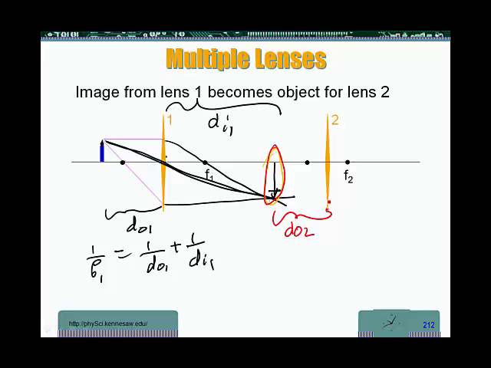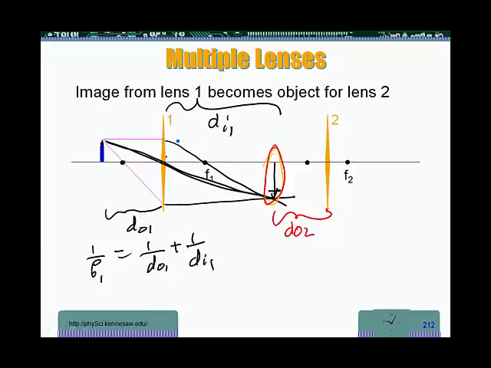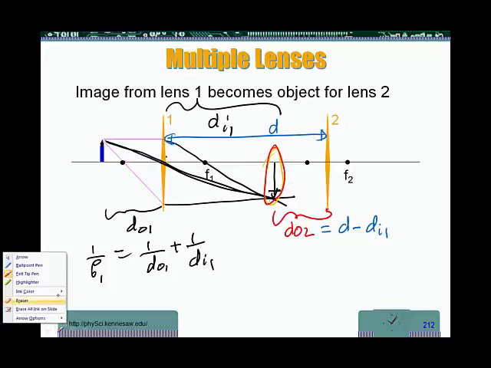For example, if they gave us the distance separating the lenses, for example, if we know this distance D, then in that particular case, DO2 is going to be equal to D minus DI1. So you have to figure it out one case at a time, depending on the geometry you are given.